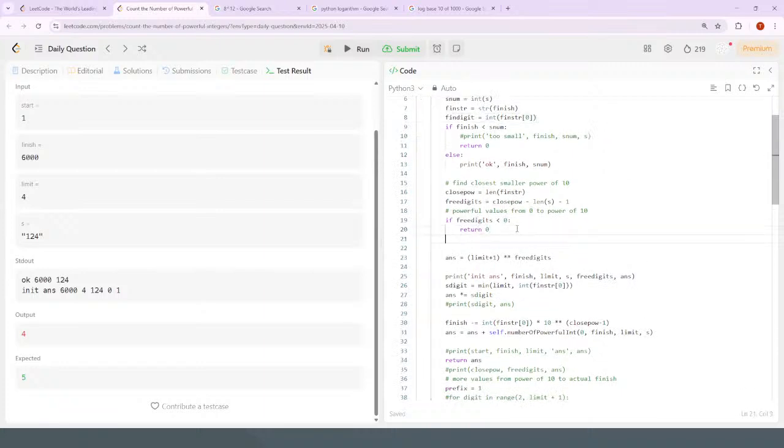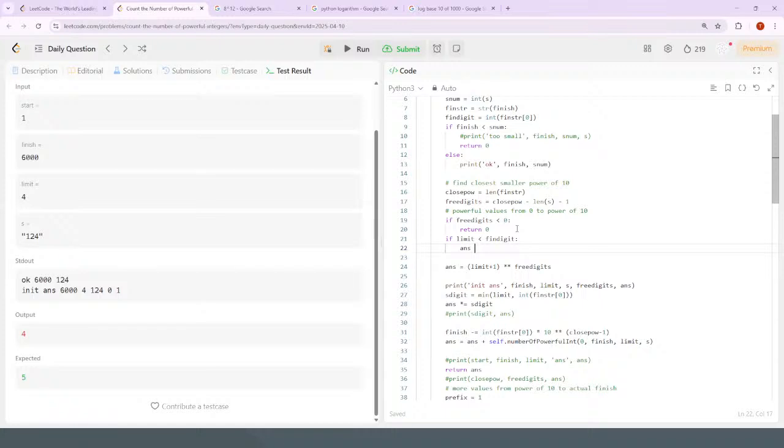So if your limit is smaller than this fin digit, just return the answer: limit plus 1, which is 5, to the power of your free digits.